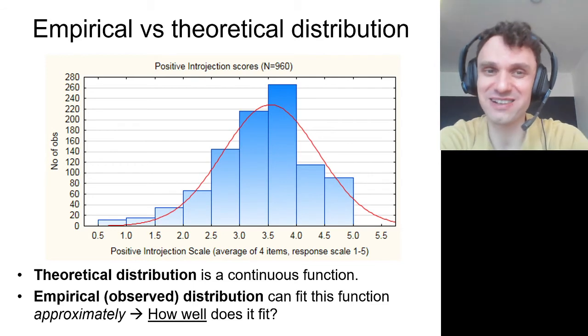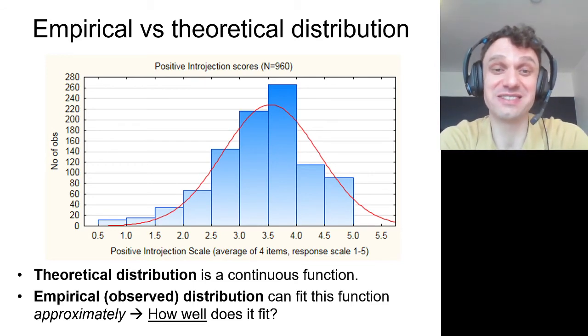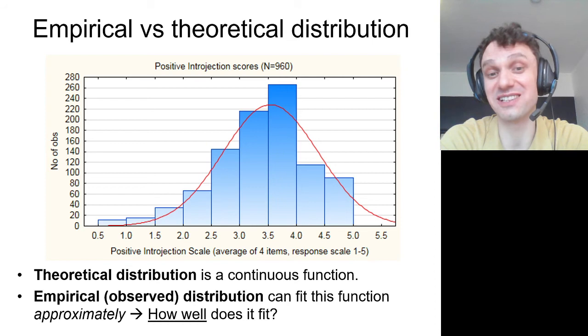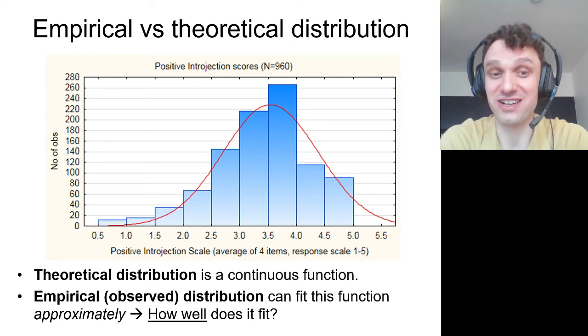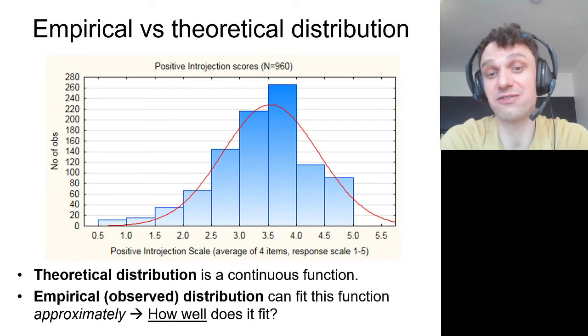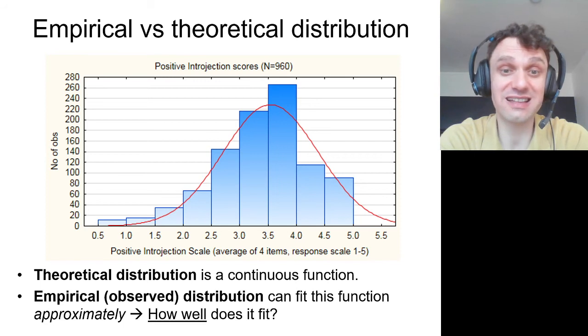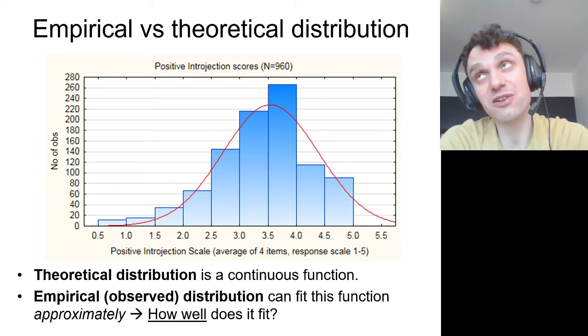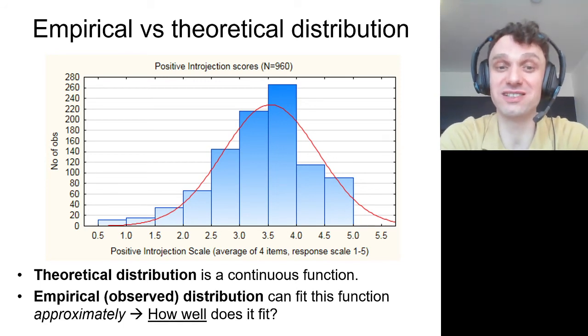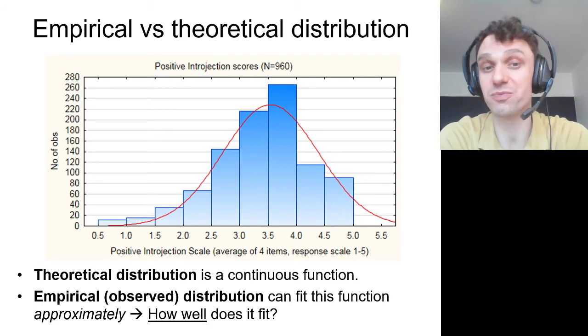I want to feel proud about it. And you have here scores of almost 1,000 people averaged across 4 items, and the response scale was from 1 to 5. So the values that this distribution can take are from 1 to 5. And you see that it kind of approximates the theoretical normal distribution, but does not approximate it super well.